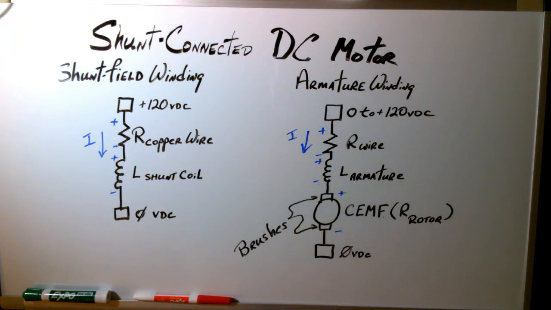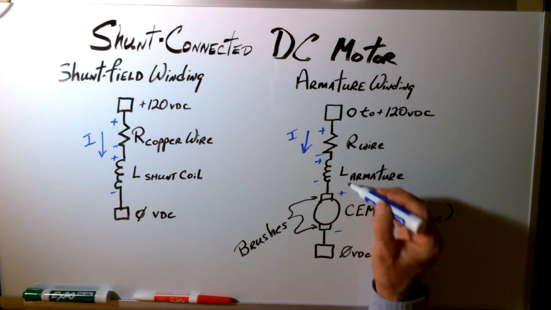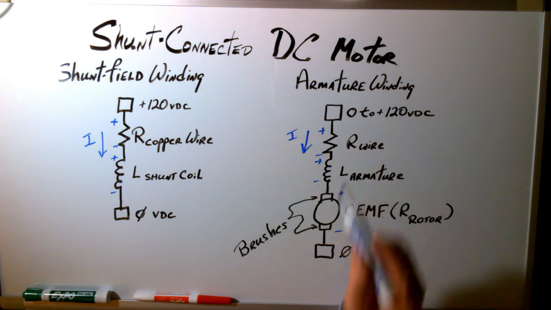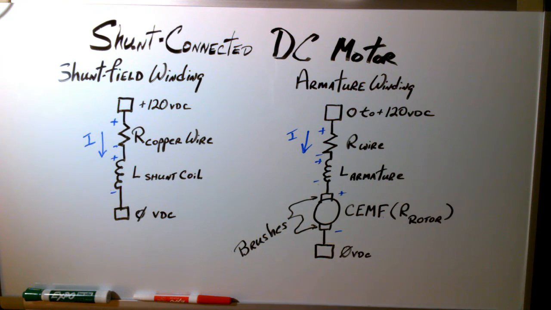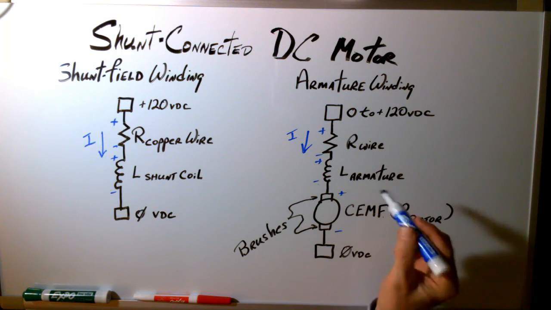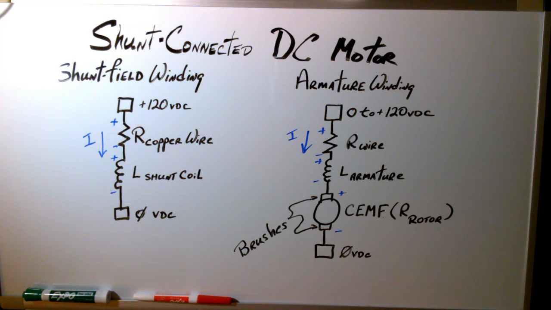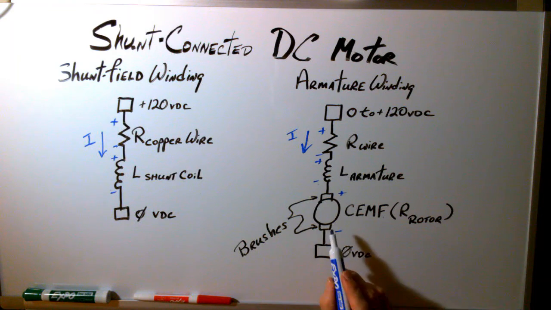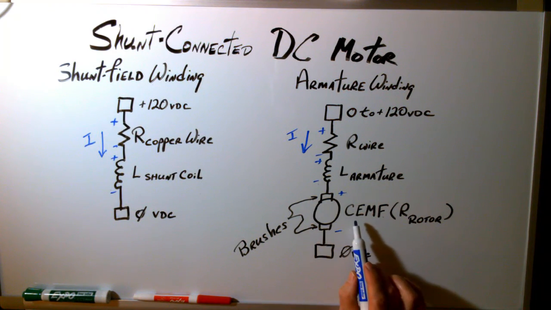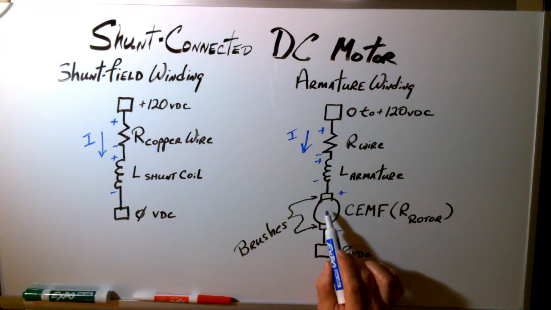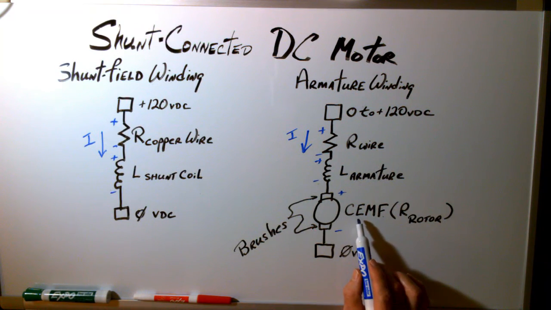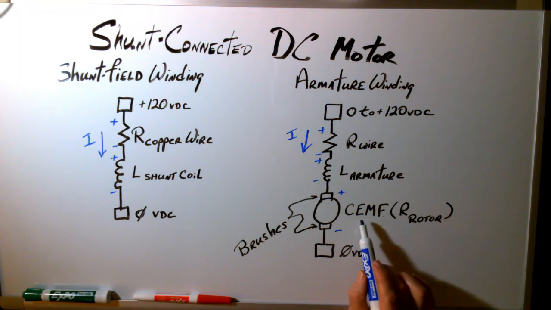So, shunt, we have to have a magnetic field. We have to have a second magnetic field, which comes from the armature. But the one factor in this circuit that limits the current that the motor draws is the speed of the armature which produces counter EMF, counter electromotive force.